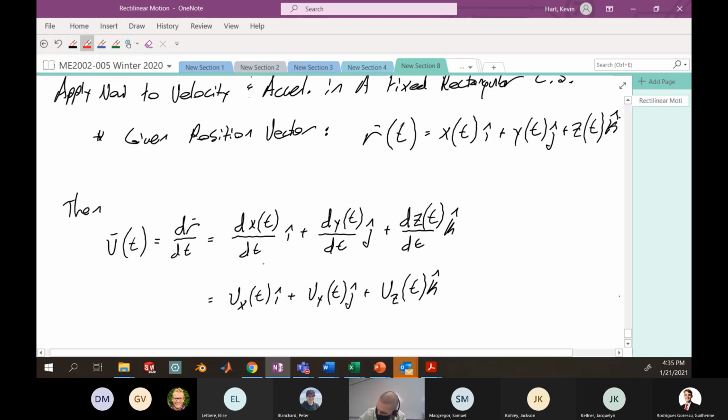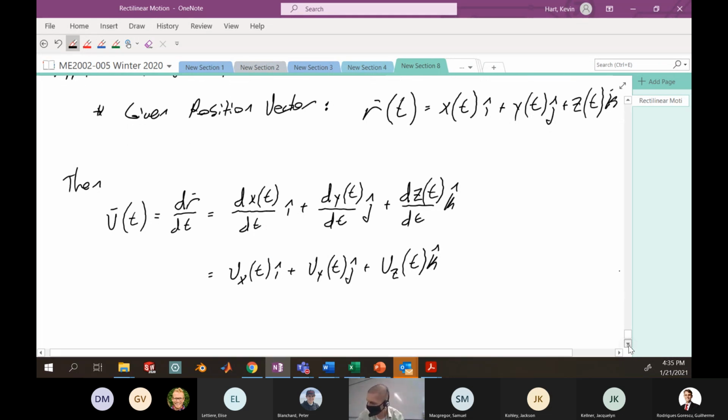We utilized this relationship a lot with our 1D rectilinear motion, okay? I was kind of a little lazy with that relationship, that Vx is dx/dt, when I was writing it with 1D, but now you see it here much more explicitly with proper mathematics.